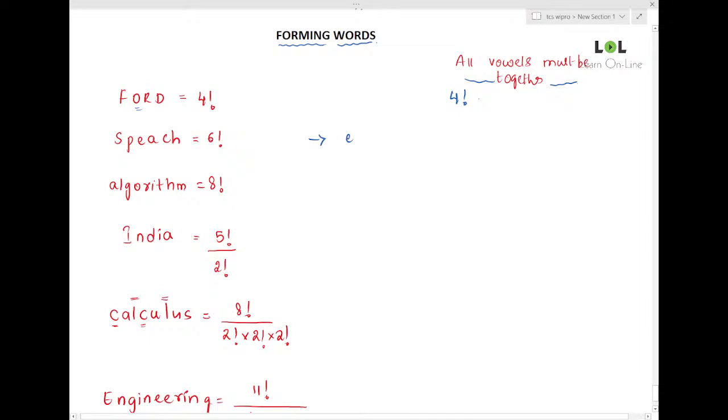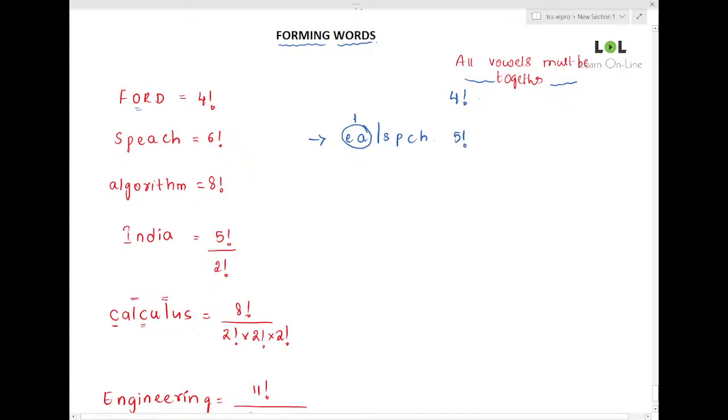E and A are vowels, and S, P, C, H are consonants. What is the condition here? All the vowels must be together. That means we consider all vowels as one unit. So what happens now? How many letters are there? 1, 2, 3, 4, S, P, C, H: 4 consonants and 1 unit of vowels. Totally 5 units, 5 factorial.